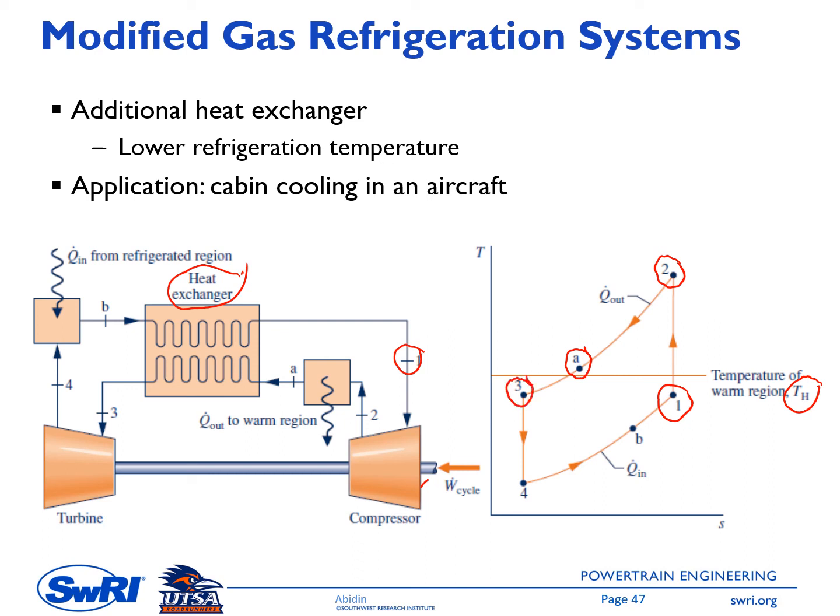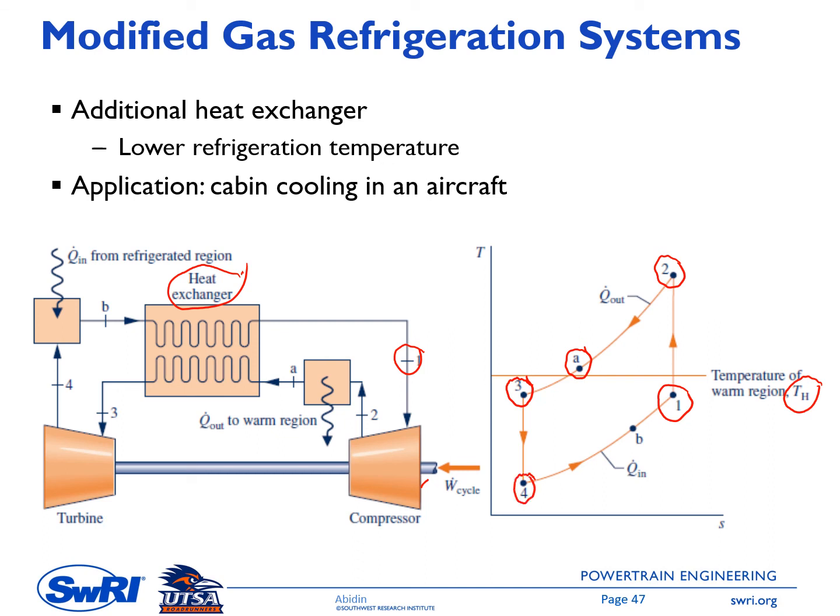So instead of state A being the final temperature before entering the turbine, we can apply the heat exchanger that further cools the working fluid from state A to state 3. From state 3, it flows to the turbine, going to state 4.